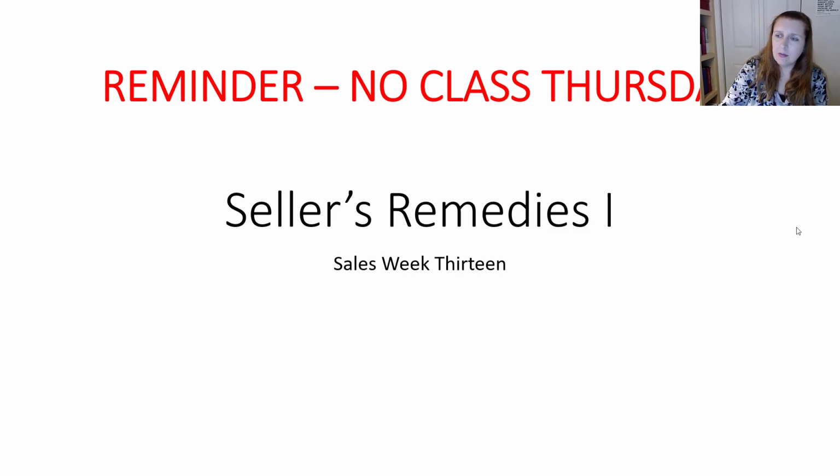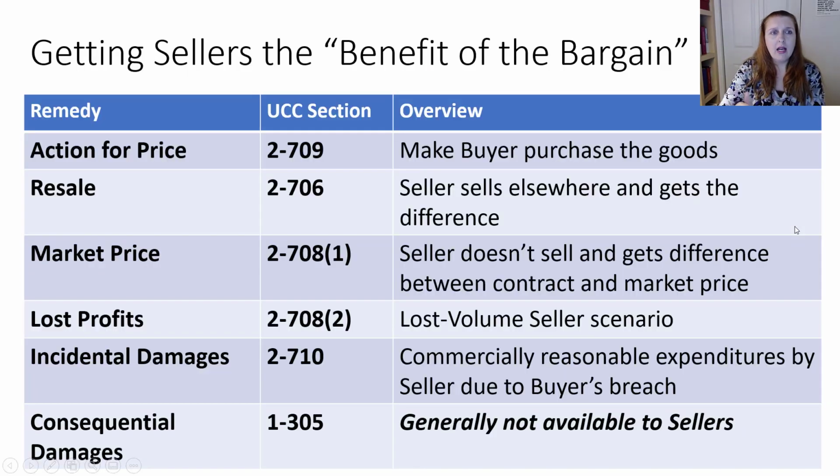So here is a little summary of what kinds of remedies are within the UCC to get sellers the benefit of the bargain, what we might refer to in general contract law as expectation.